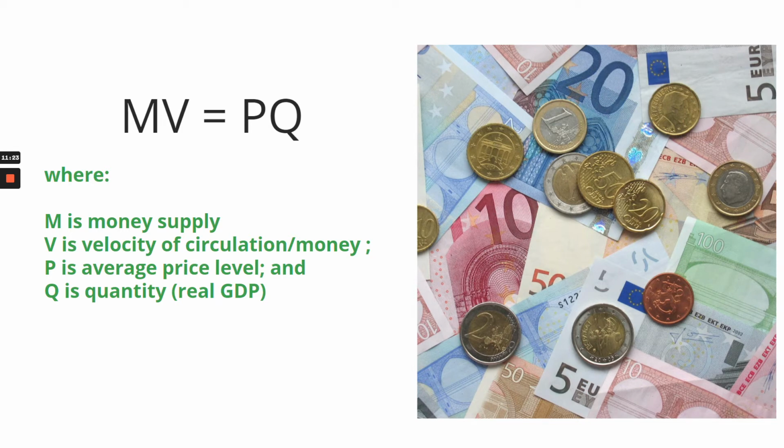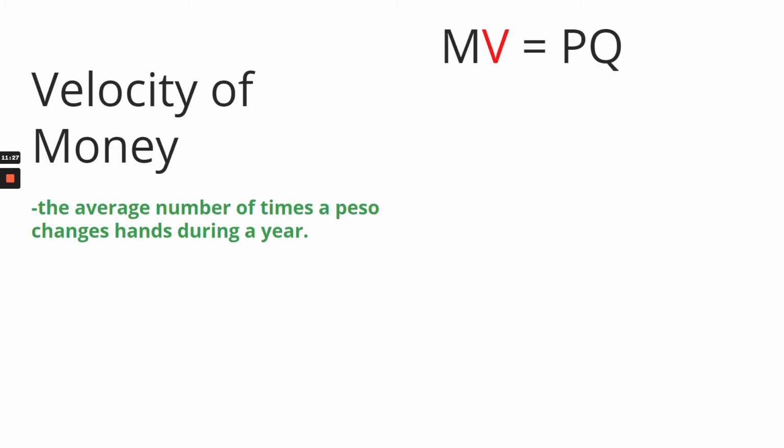Okay, so M is the money supply, V is velocity. When we say velocity, velocity is the average number of times a peso or a money changes hands during a year. So, meaning, kapila balhin ang kwarta, ni ambak-ambak from one person to another.